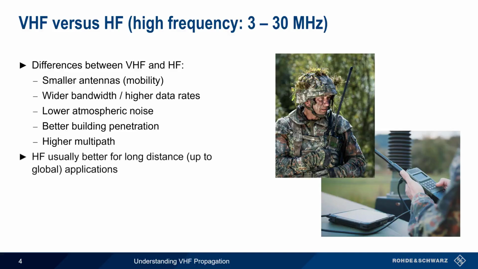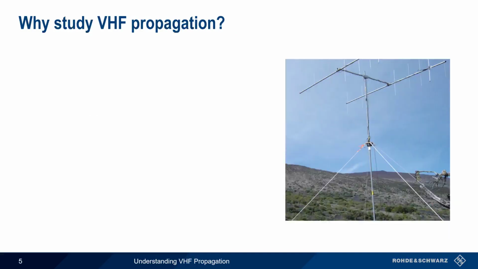All things considered, HF is usually best for longer distance communications. Global coverage is possible under the right conditions. VHF, on the other hand, is better suited for local applications, typically within a radius of roughly 100 kilometers or less.